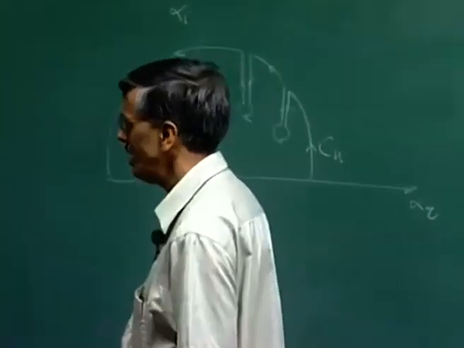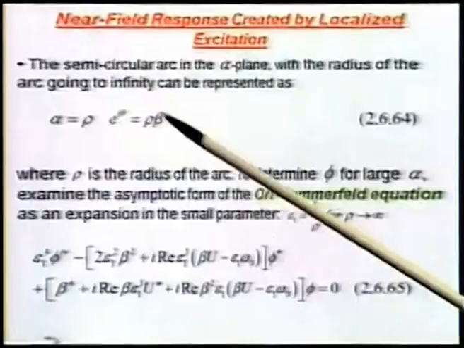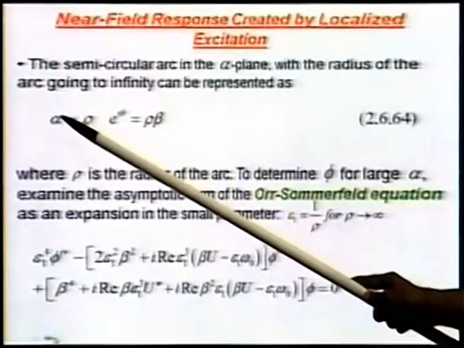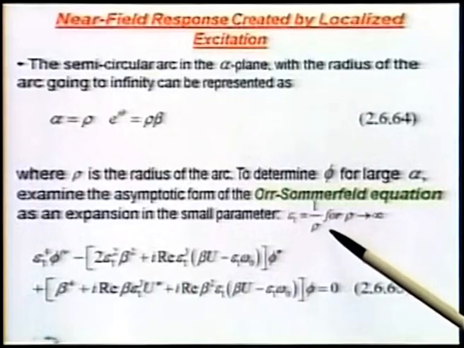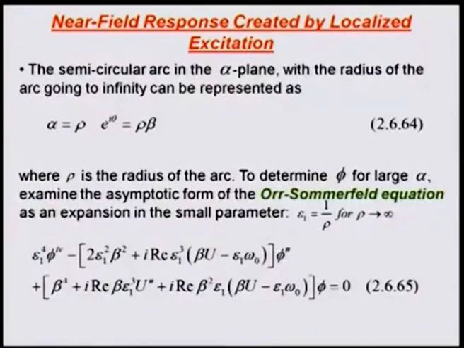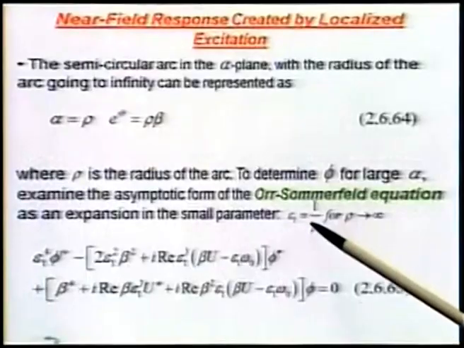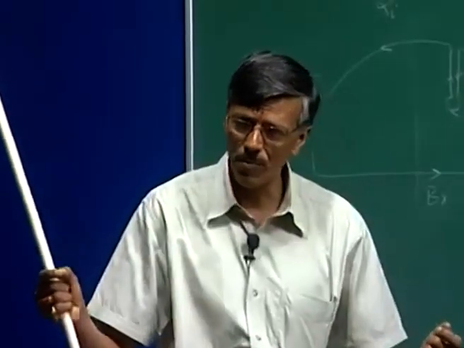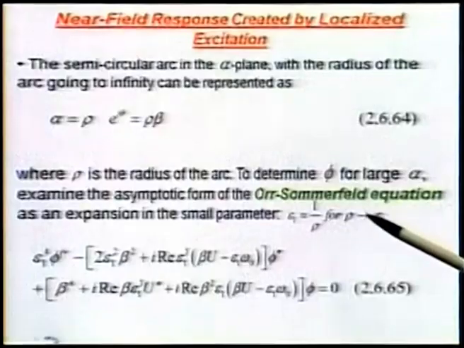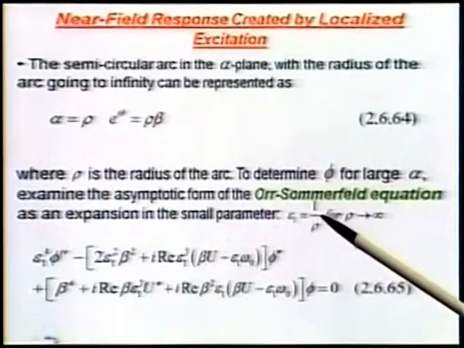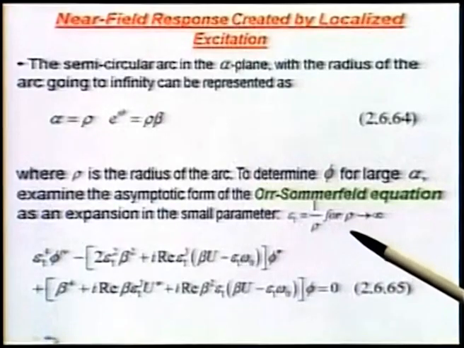Now we have this expression for alpha in terms of rho and beta. What we can do is look specifically at the solution of the Orr-Sommerfeld equation for the case when the radius of this arc goes to infinity. That automatically brings in a small parameter epsilon, which is nothing but the reciprocal of the radius.